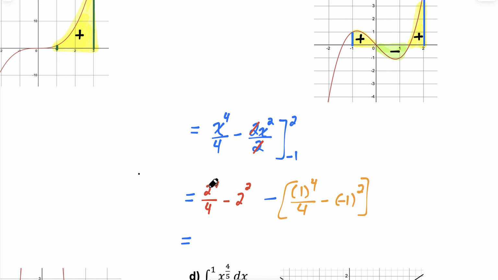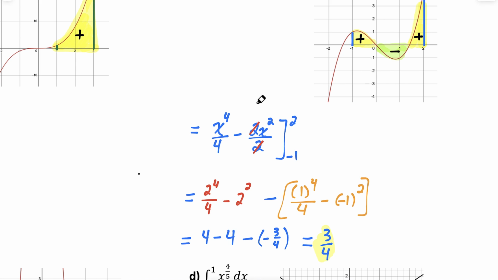So this gives me 2 to the 4 is 16 over 4 is 4. So I have 4 minus 4 minus, in orange in the square brackets, I've got a quarter minus 1. That's negative 3/4. And if I evaluate this, 4 minus 4 is 0, plus 3/4 is 3/4. So my final answer for this question is 3/4.